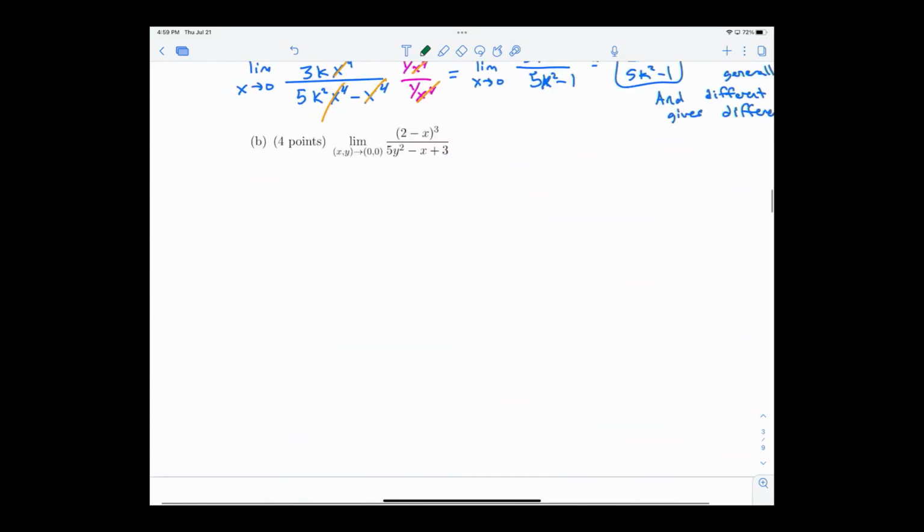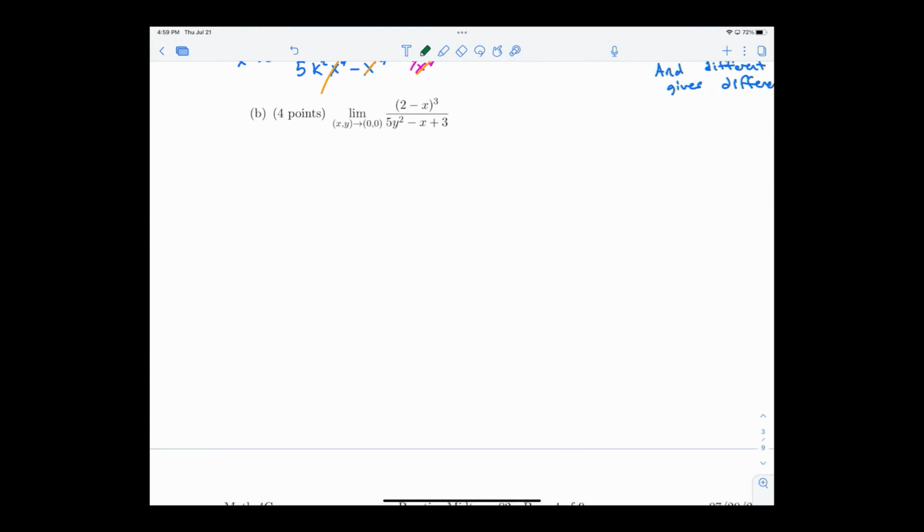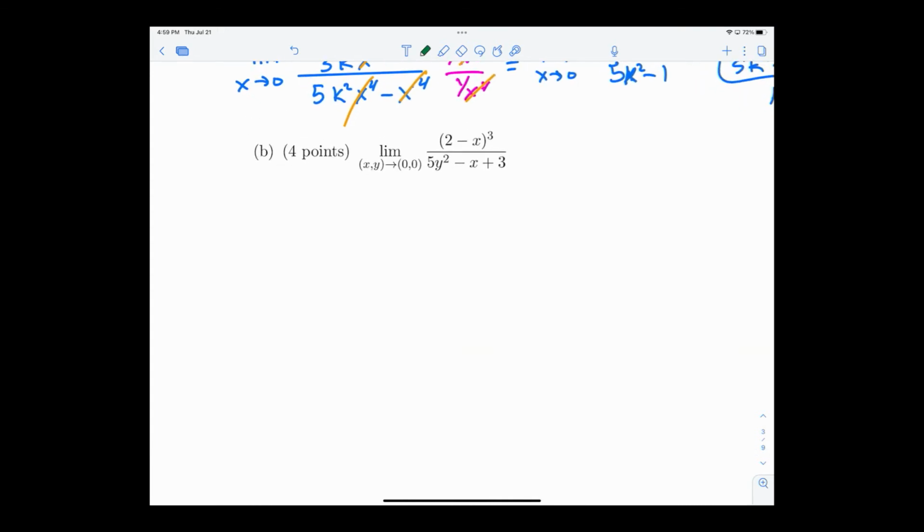Okay. B. Let me look at it. Okay, so this is what I was talking about on the previous one, where I said if you can just plug it in, then it's going to be a continuous function here. No divide by zeros, nothing like that. Then just plug in the numbers. So we got 2 minus 0 to the 3, over 5 times 0 squared minus 0 plus 3.